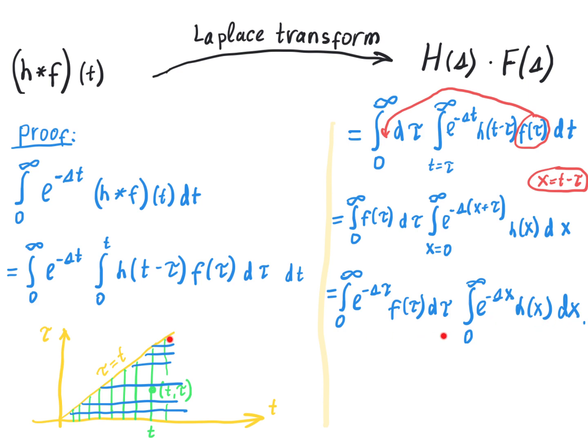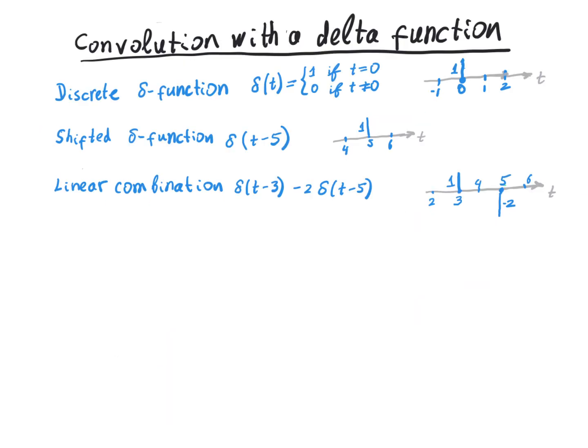So now we have a product of two integrals, and each integral represents a Laplace transform. The first integral represents the Laplace transform of f, the other represents the Laplace transform of h. So we have a product of two Laplace transforms. That's the proof.